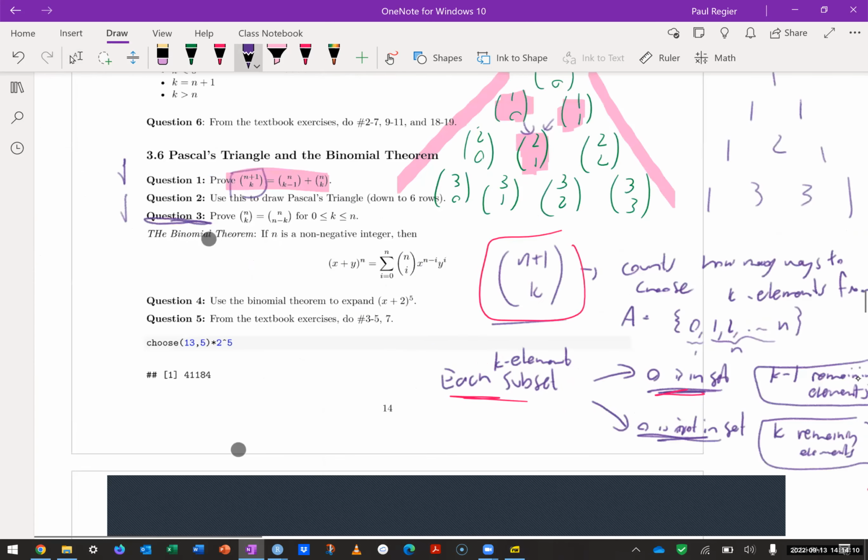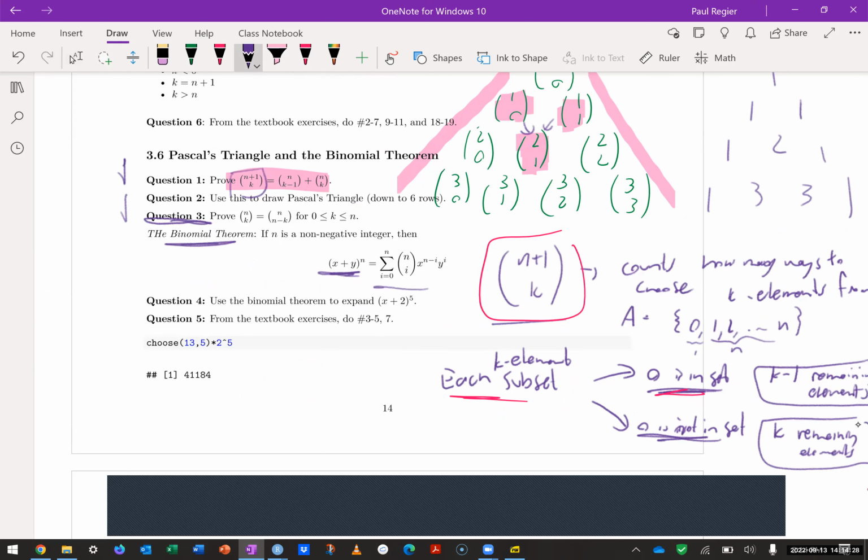Okay, the other theorem from this chapter, which we won't prove, but we're going to use it, is the binomial theorem. It's very widely used anytime you're dealing with polynomials where you're doing a power.